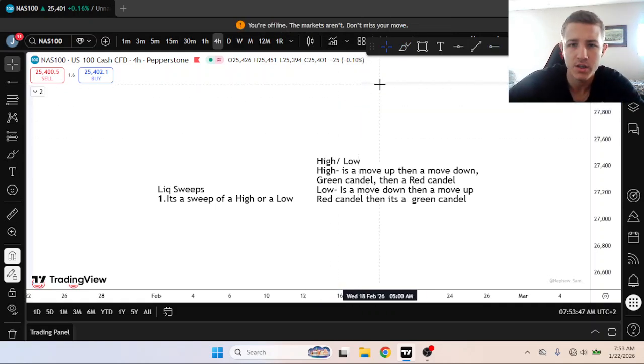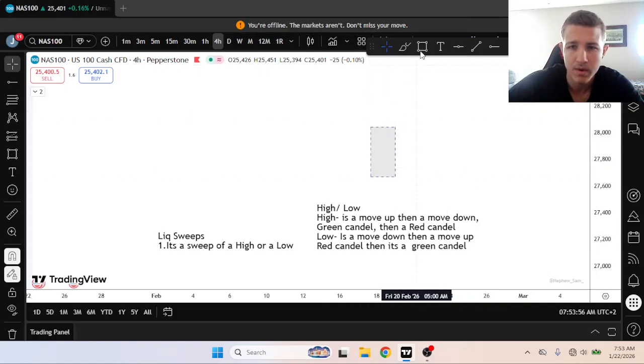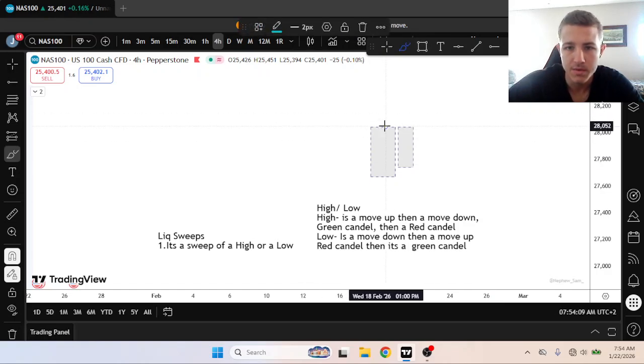So let's quickly draw it with candlesticks. This is a green candlestick, so it's a move up, and then we have a red candlestick with a wick. This is the wick of the high.